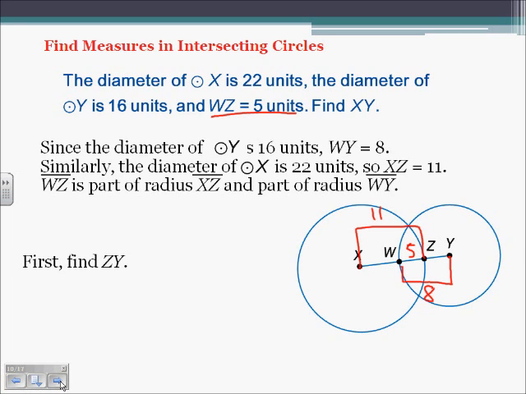First we're going to find ZY. We know that WZ plus ZY is going to equal WY. So then we plug in what we know there. We know WZ is 5 units. We don't know ZY, but we know WY is going to be 8 units.